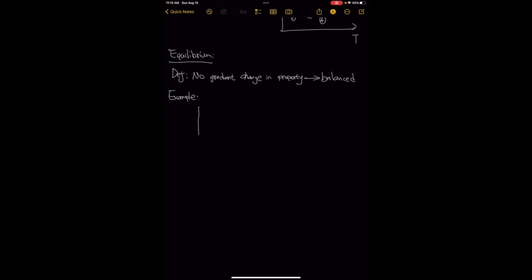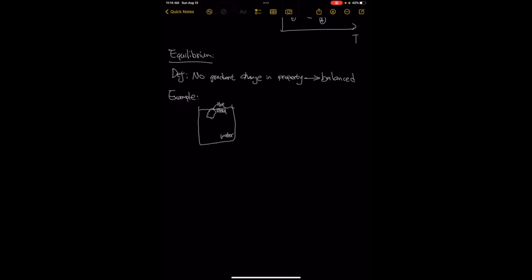So let's say you have a chunk of steel, right? As a steel, it can be very hot, and you throw this into water, right? Eventually, if you come back maybe 2 hours later, the steel will reach the same temperature as the water.